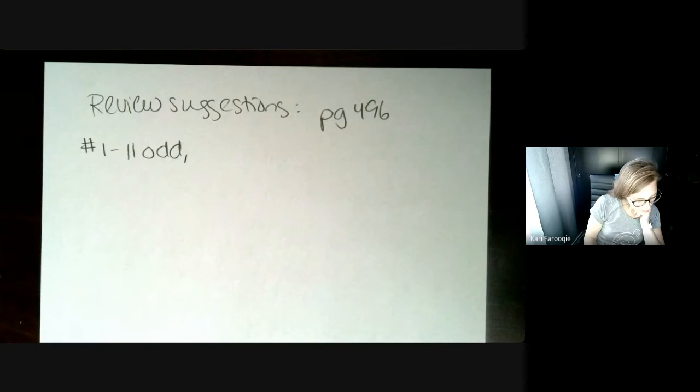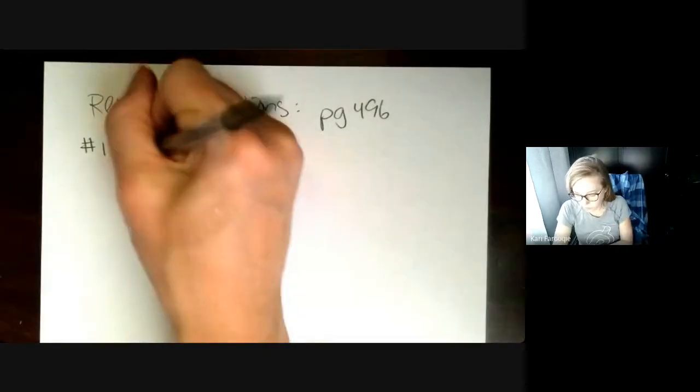Y squared equals 8x about the line x equals 2, it's an even anyway, so technically any of those would be good. I probably wouldn't do anything like 15, y squared equals x cubed, just because both sides have the exponent on it. I wouldn't do that on a test. So maybe you could go up to 13.